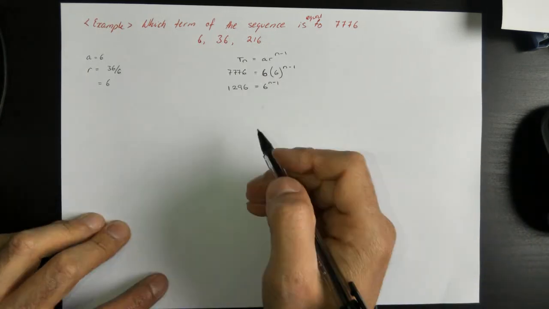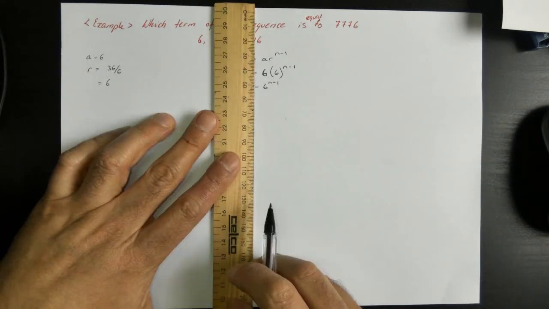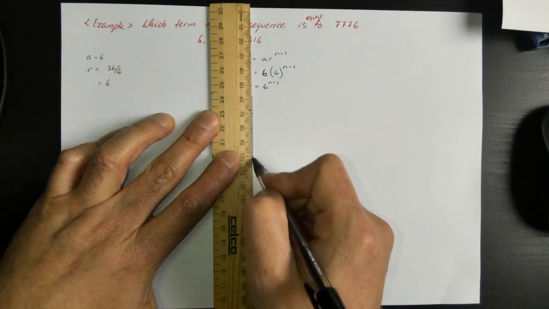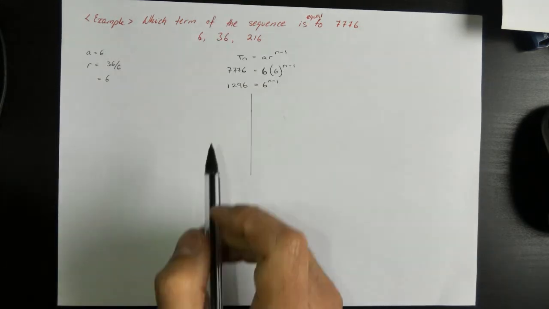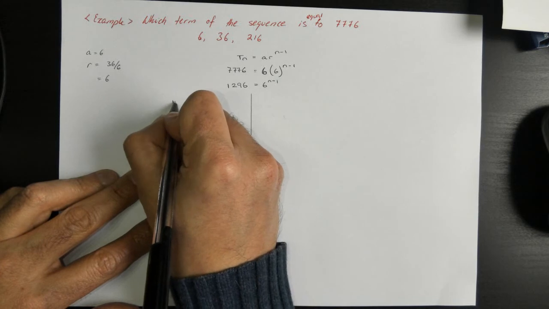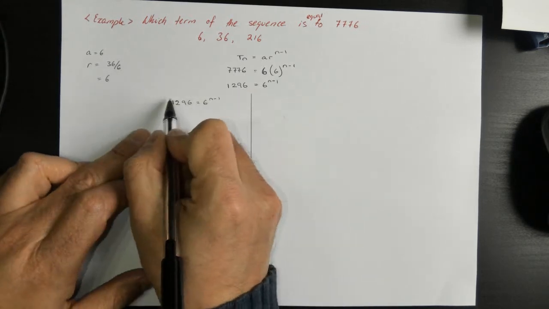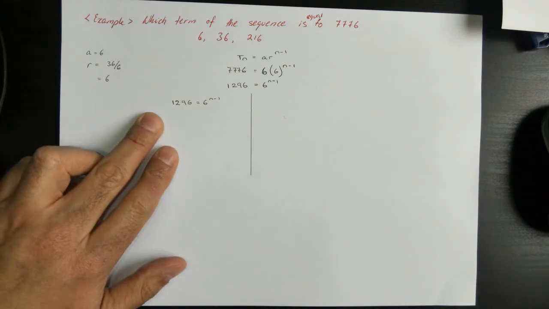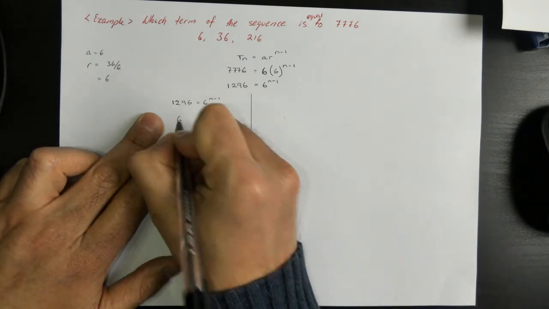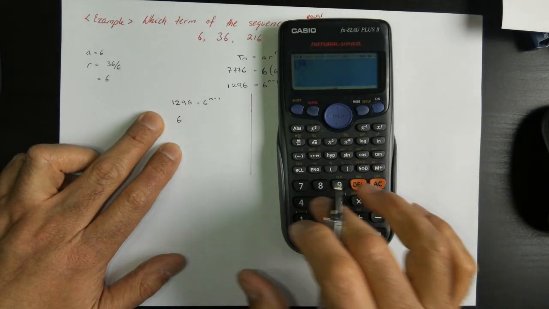Okay, there are two methods that you could possibly do from this stage. What we've got is we want to make this number in terms of 6 to the power of something. Alright, so I'll go 1,296, so 6 to the power, and I can guess 4, right?